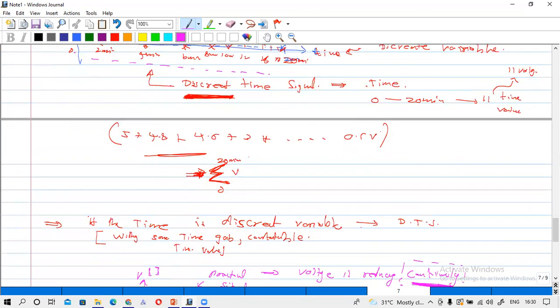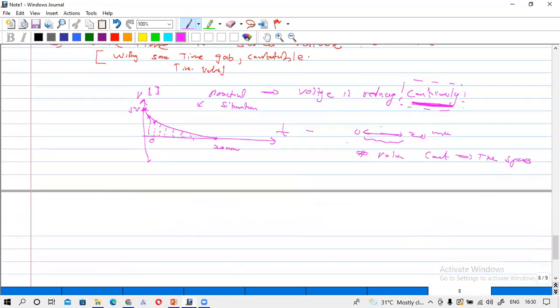But here you can't count. There should be an infinite number of time values, and corresponding to these time values, there may be an infinite number of voltage values.